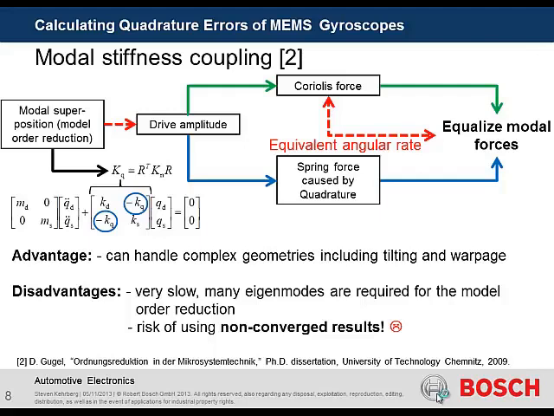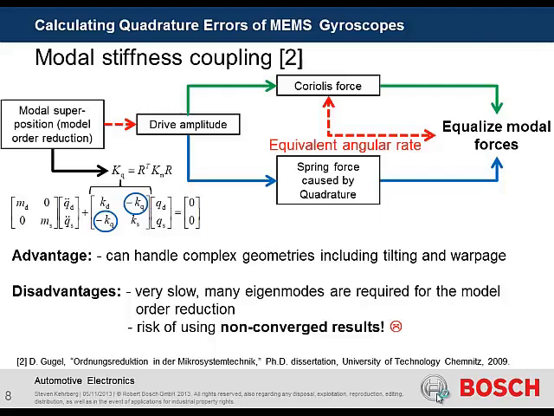To get this correlation matrix R for complex mode shapes, you need to take into account with this method a large number of eigenmodes. So we have to calculate, for example, around 100 eigenmodes to get results, and that takes really long. If you have very large finite element models, you have to wait a really long time to get converging results, and at least you're never really sure if you have used enough eigenmodes.